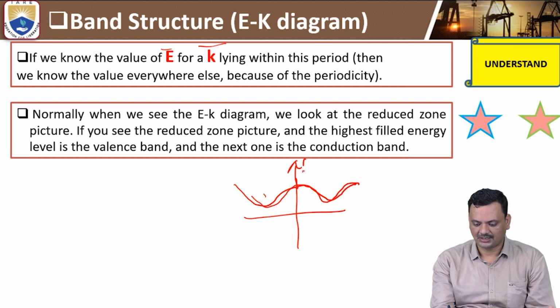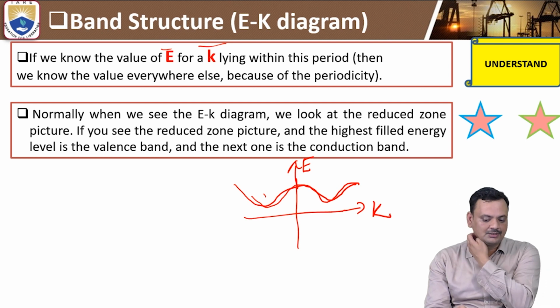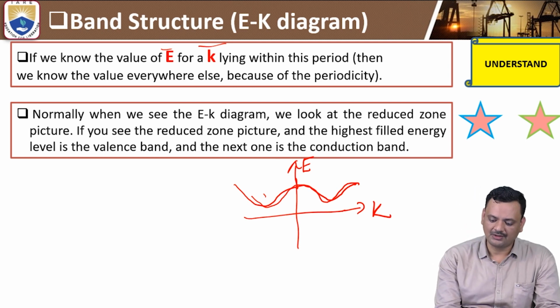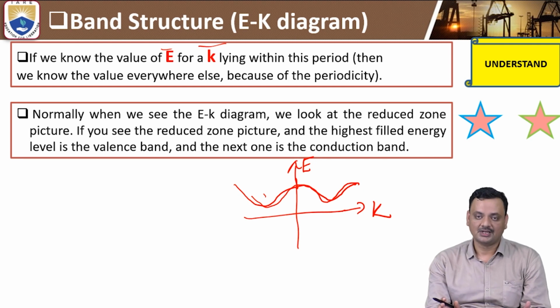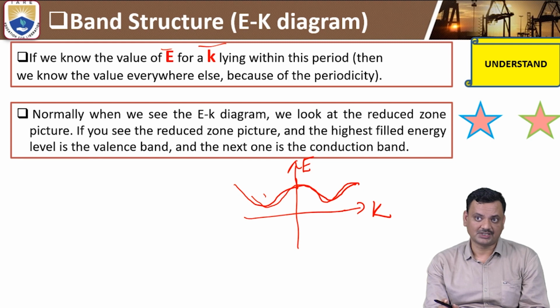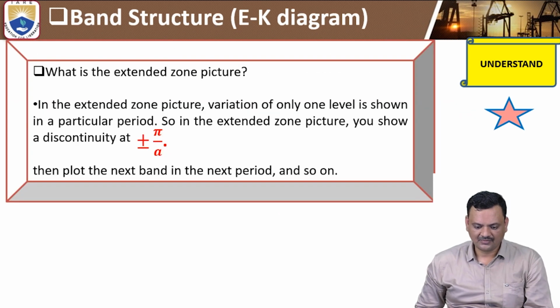So normally when we see the EK diagram, we look at the reduced zone picture. In the reduced zone picture, the highest filled energy level is the valence band, and the next one is the conduction band.